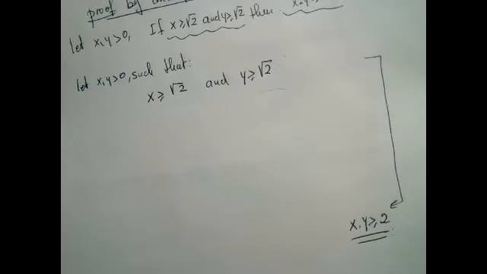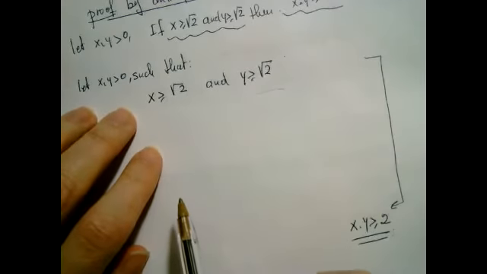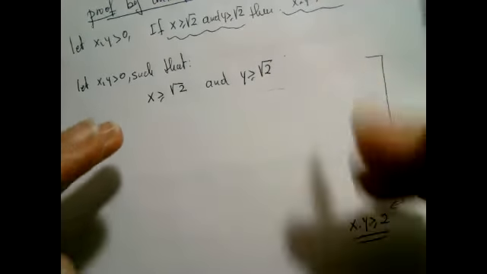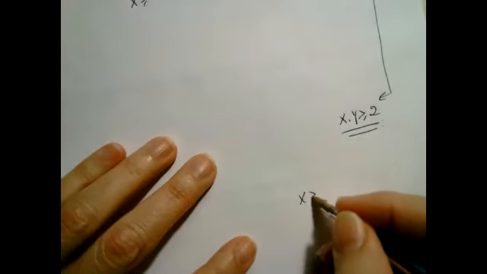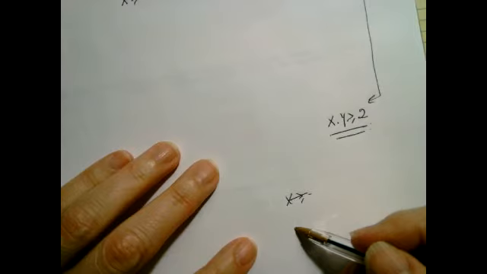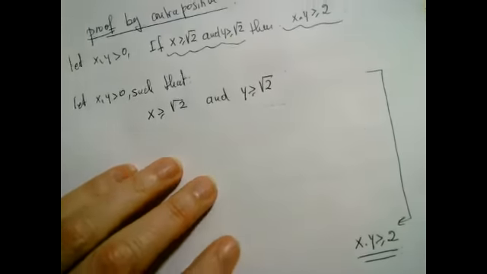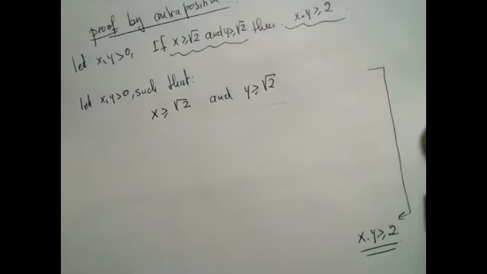But what's crucial was the fact that they're always positive. Without positive, I cannot say this. If you take two negative numbers, then the inequality does not have to hold at all. So being positive is crucial in this scenario.